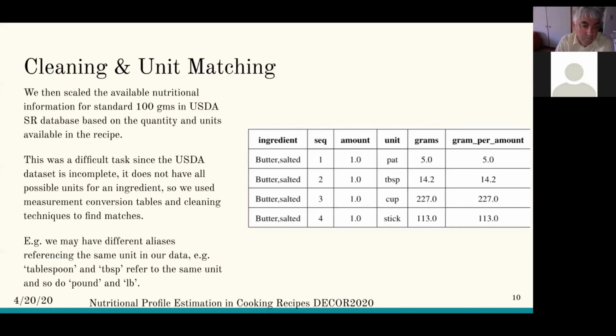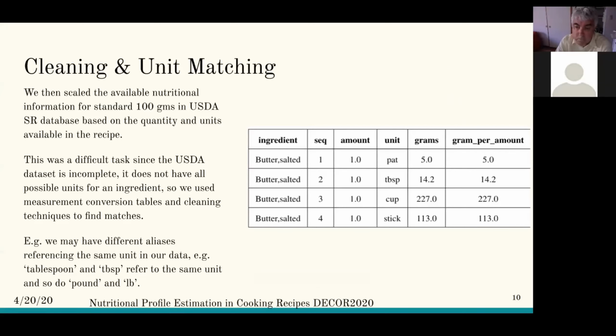This task is not as easy as it seems at first, because the USDA dataset is not complete, in the sense that it does not have all units for all ingredients. For example, if you see butter, salted, teaspoon is not present as a unit, even though it may be used in some recipes. To accommodate this, we use some measurement conversion tables and cleaning techniques. The units you see here are already clean, but in the nutrition composition table they were present in forms like pat, bracket, 1/3 inches and so on.